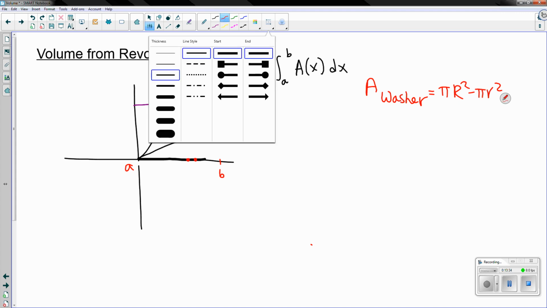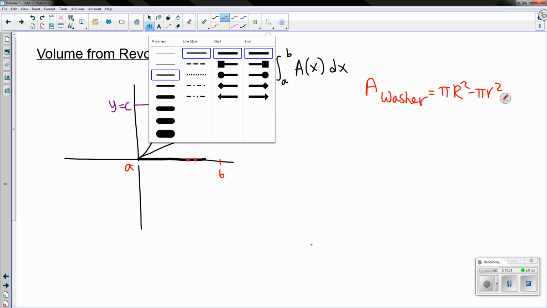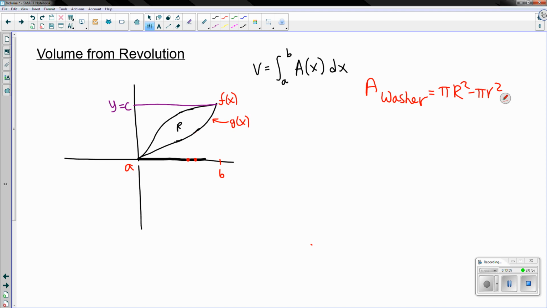So in this case, if I have to rotate around this function, we'll call it c. Capital R in this case, let's make sure we're okay with that.